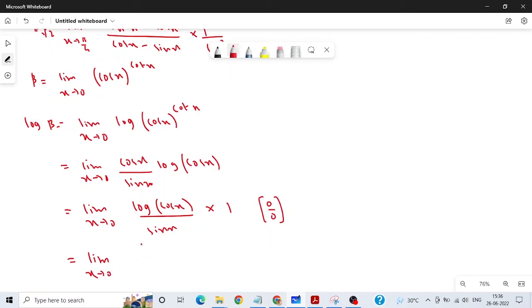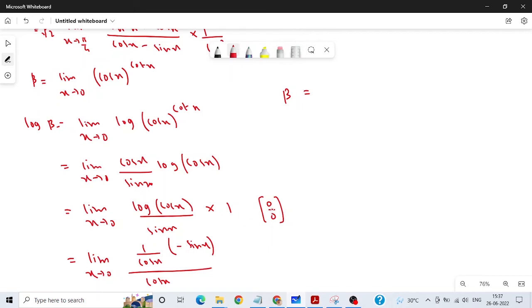So we have limit of x tends to 0. What's the derivative of the numerator? Derivative of log of cos x is going to be 1 upon cos x, then by chain rule, the derivative of cos x is going to be minus sin x, upon the derivative of sin x, which is cos x. Now we can see that the limit is well defined because the denominator is cos square x and cos 0 is 1, and the numerator sin 0 is going to be 0.